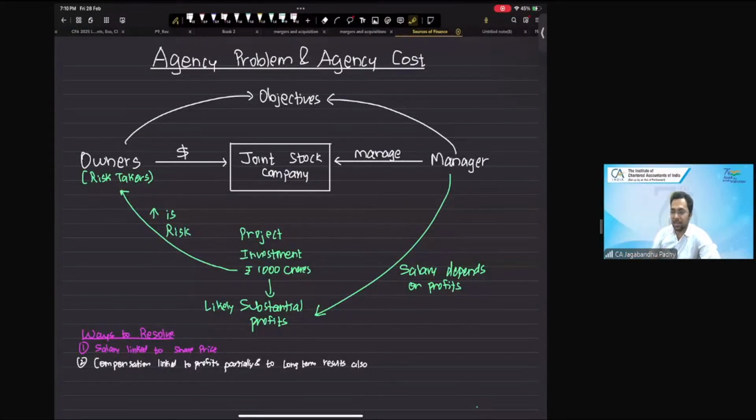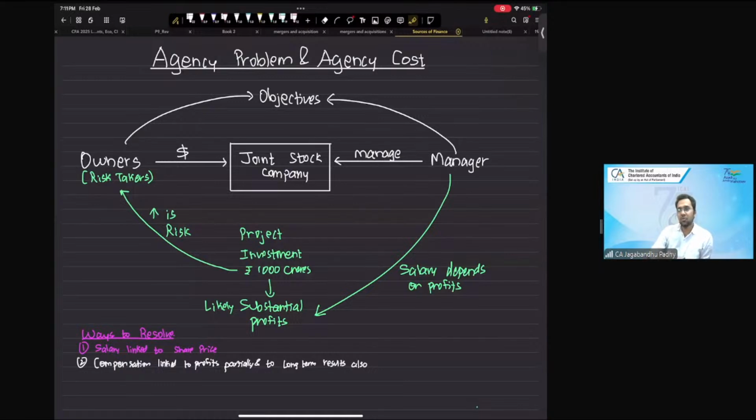If I'm linking the salary to the profits, future profits, the cash flows that the company will have, and ultimately maybe the share prices, then we are going to bear the cost of sharing the profit with the manager just to bring them in line.